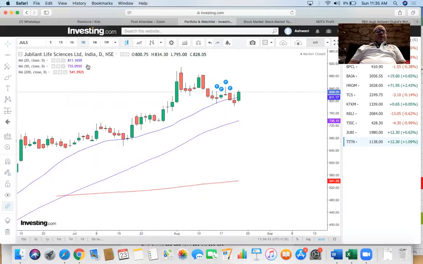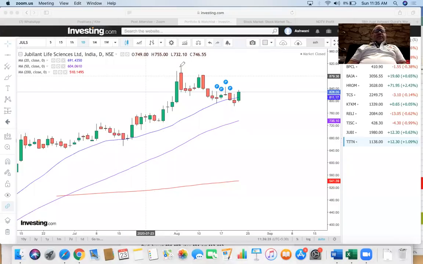Number two, again, this is a flag pattern, and this is the formation which is visible. Stop below 760.